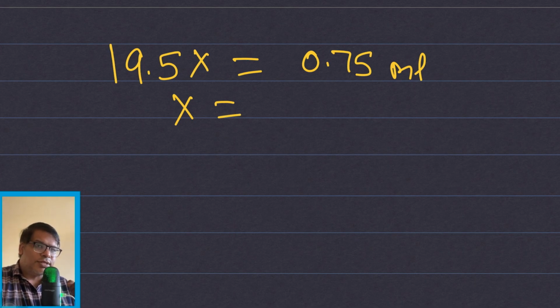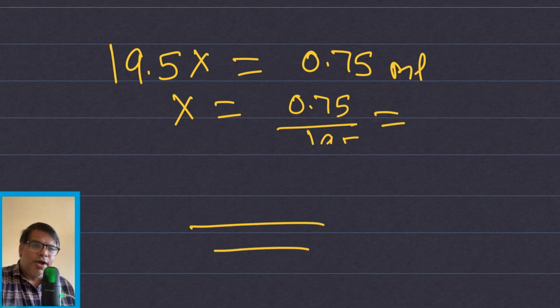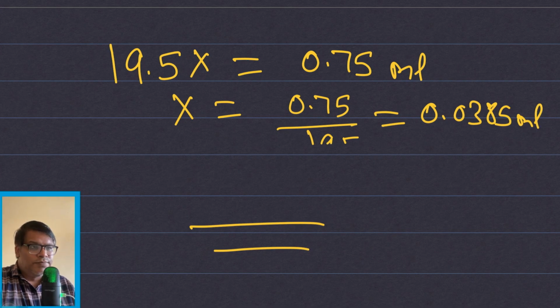Try to see, X is the volume in ml. If you remember, we are going to take X, so the answer will initially come in ml. So 0.75 divided by 19.5 is 0.0385 ml.